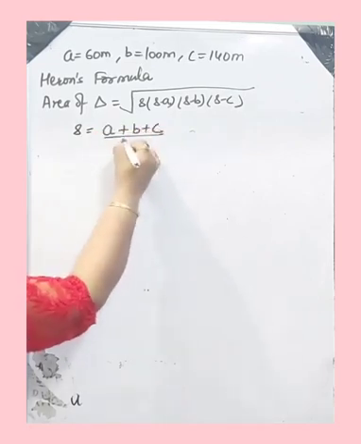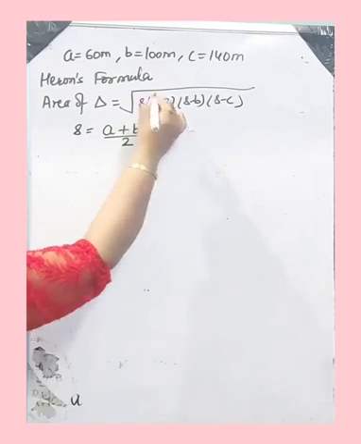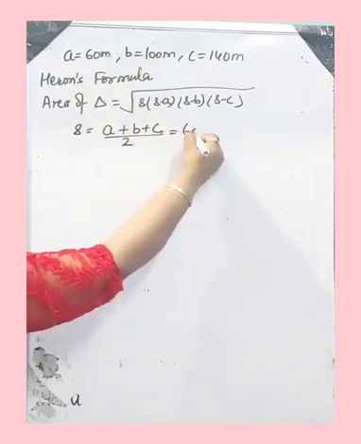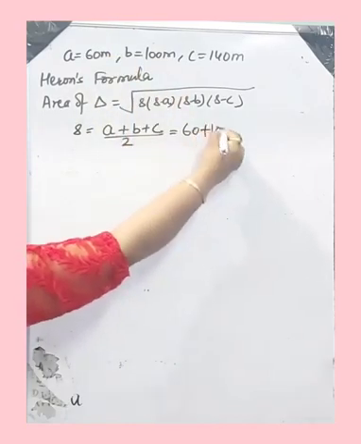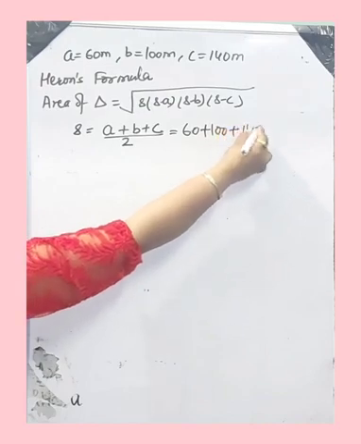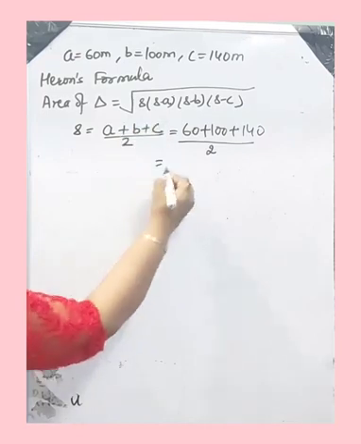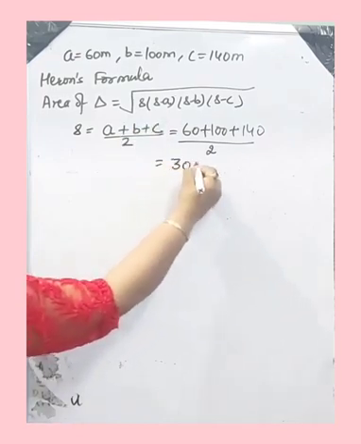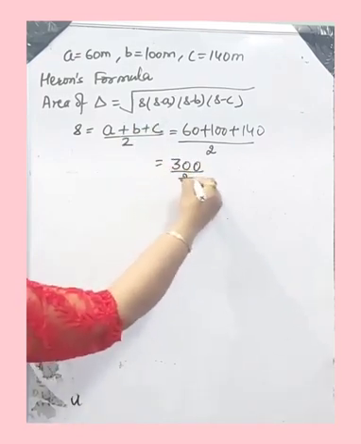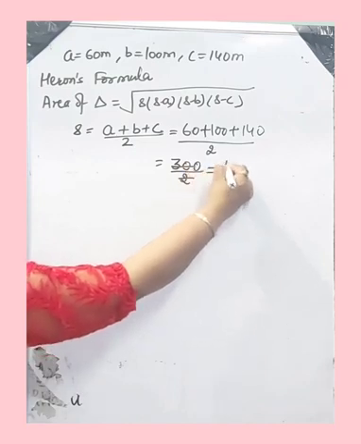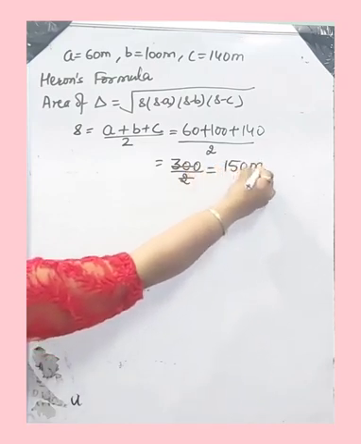S equal to A plus B plus C by 2. A is 60, B is 100 and C is 140 divided by 2. Now add these numbers. Sum will equal to 300 divided by 2. Then semi-perimeter will equal to 150 meter.